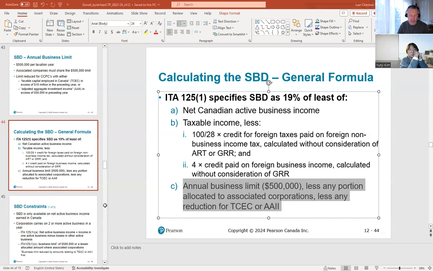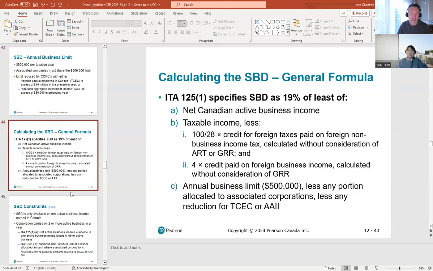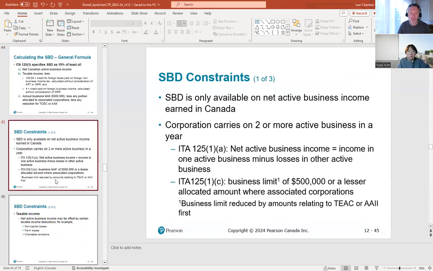Less any reduction for the taxable capital employed in Canada, or adjusted aggregate investment income. That's why those things now start playing a big role in the calculation of the small business deduction.